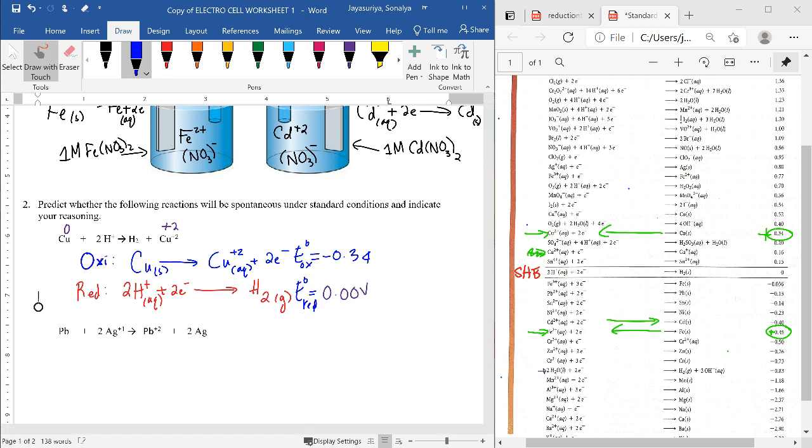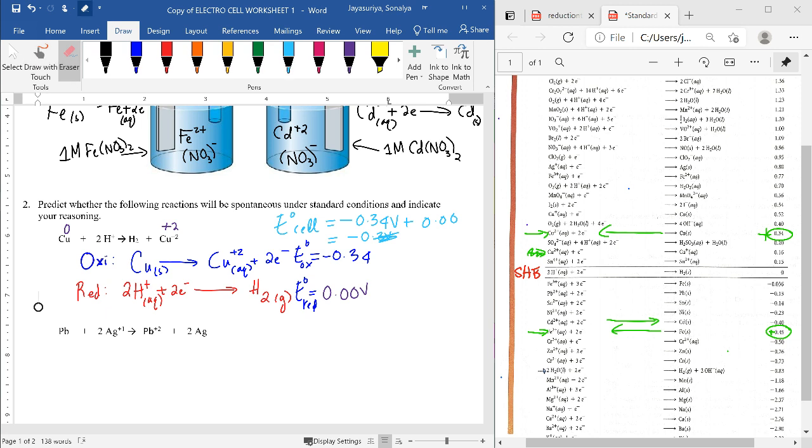So if you calculate E cell for this one, that's equal to the oxidation, which is negative 0.34 volts plus 0. This E cell is going to be negative 0.34 volts, and therefore this is not thermodynamically favorable.